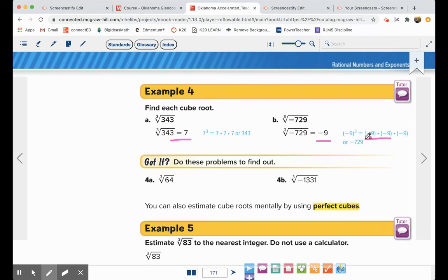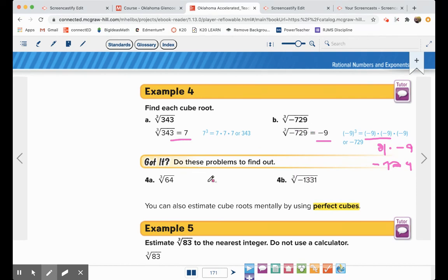A negative times a negative is positive, so we have positive 81 here. Then we still have times a negative 9. So a positive times a negative gives us a negative answer, and then it is 729. So when it's a cube root of a negative, your answer is going to be negative. So the cube root of negative 729 is negative 9.